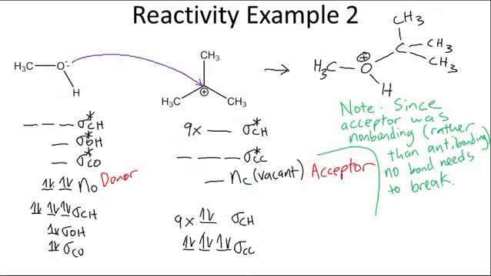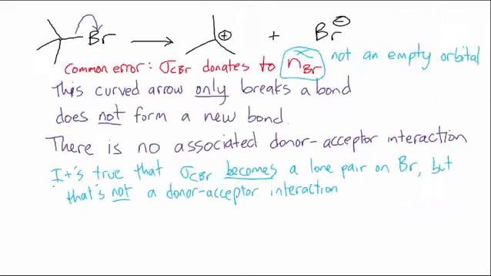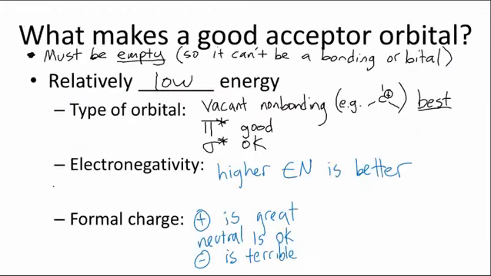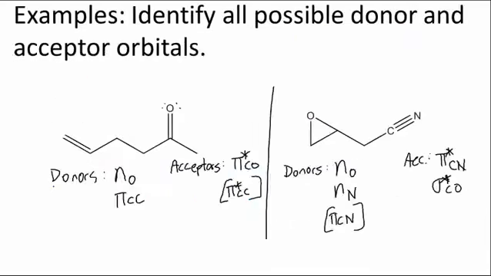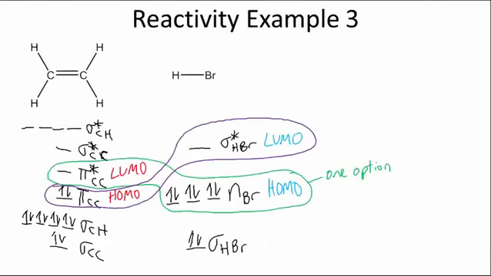It was pretty clear cut that when you have a neutral molecule and a positive molecule, you're probably going to donate to the positive molecule. When you have a negative ion, like we did in this first example here, usually the negative ion is going to be the donor. Here we have two things that are neutral, and it's not necessarily clear which should be the donor and which should be the acceptor.